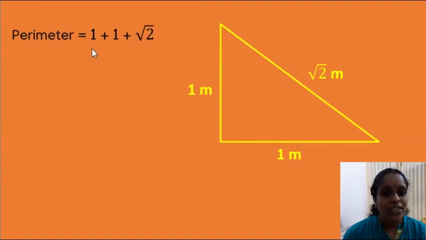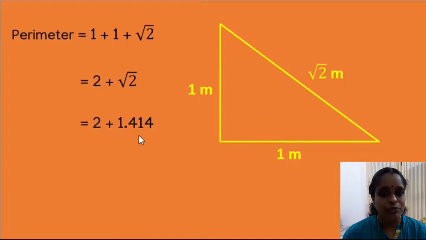So we can write it as 2 plus root 2. And this is equal to 2 plus 1.414. Here we give the value of root 2 as 1.414. And this is equal to 3.414 meter. So we get the perimeter as 3.414.